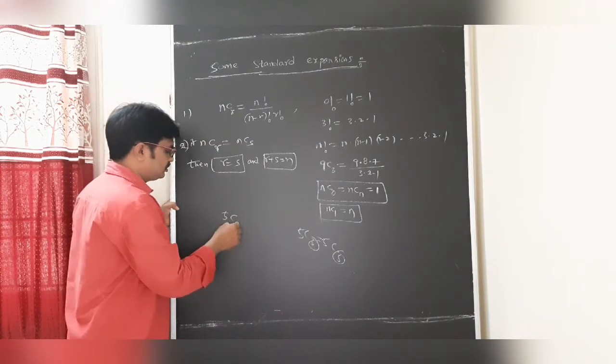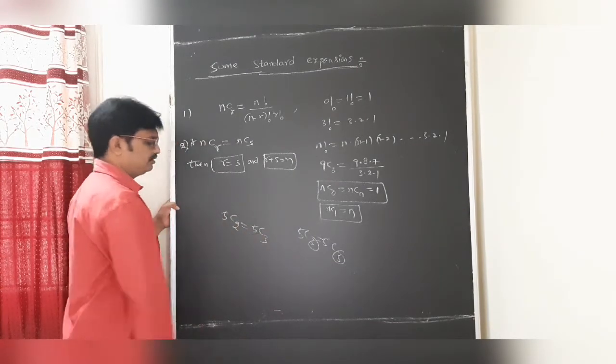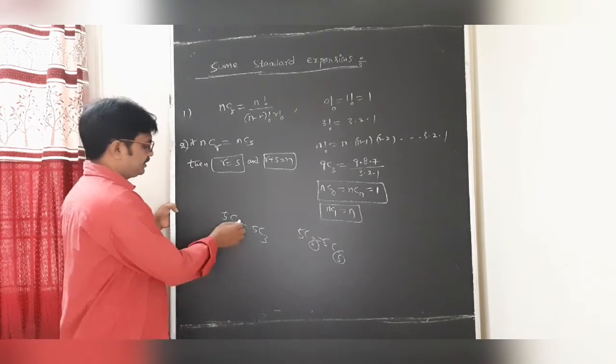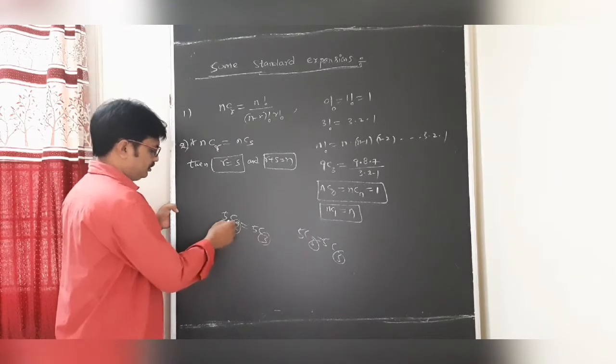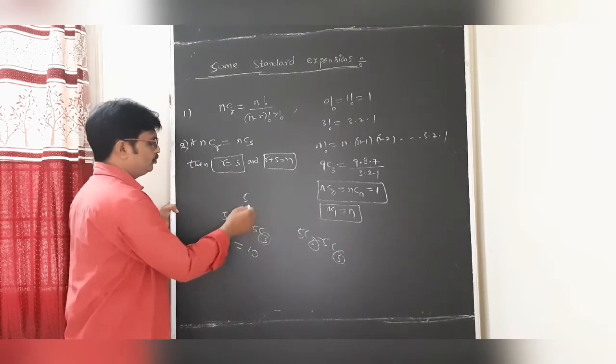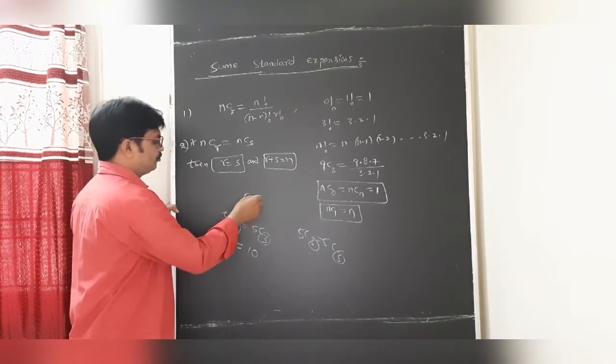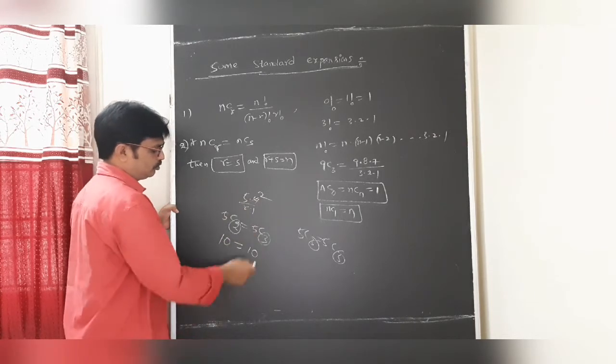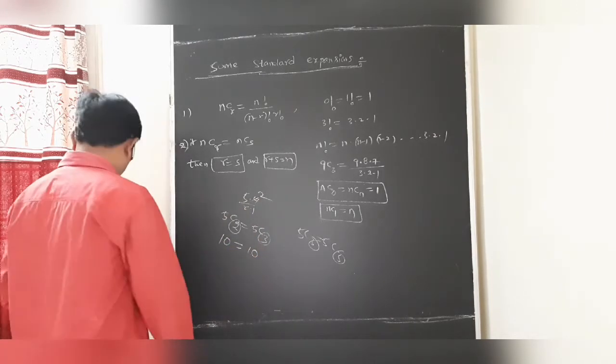Suppose, students, 5C2 is equal to 5C3. Since here 2 plus 3 is 5, the value is 10, you can find this is also 10. 5 into 4 upon 2 into 1, 20 by 2. This is also 10. Okay, students?